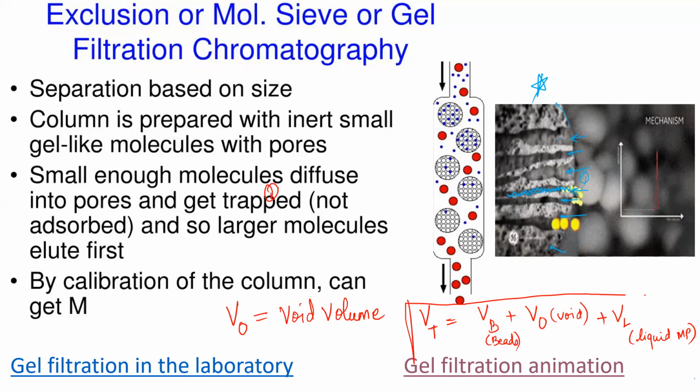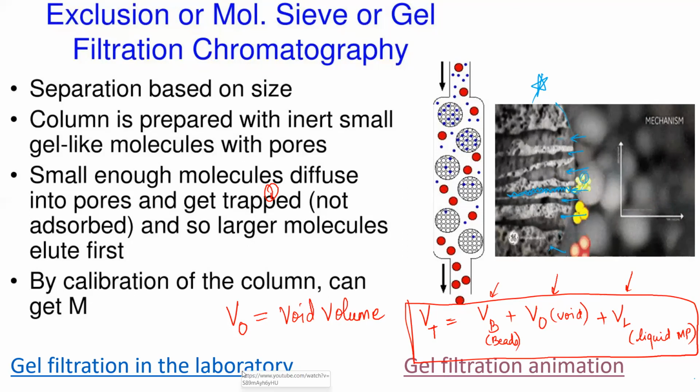This is important to remember. So your total volume of the column is the volume of the beads, the volume of the gaps, and the volume of the mobile phase that passes through it. Even if you remember this much, it is enough at this stage.